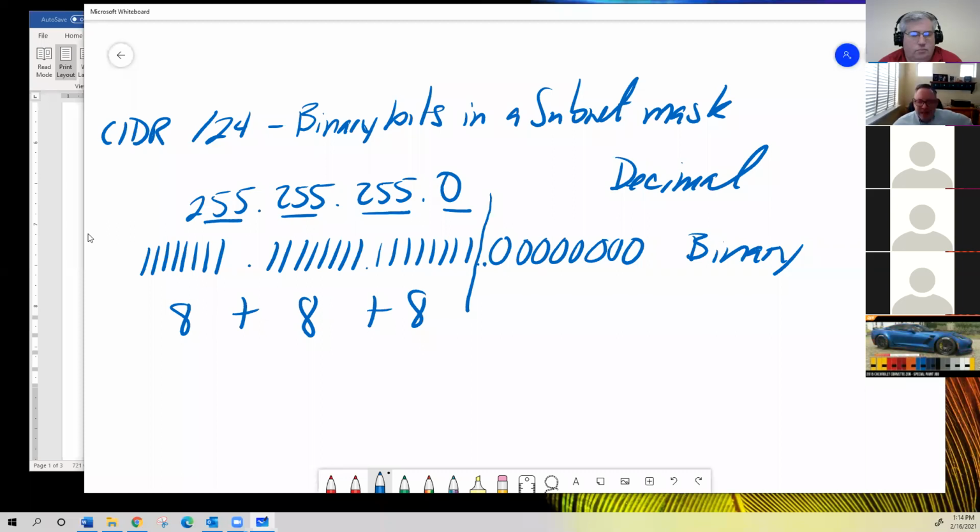It's an octet because there's 8 binary ones. That's why they call it an octet. So these three octets, 8 plus 8 plus 8, equals 24 bits. Okay, Teddy, does that ring a bell?